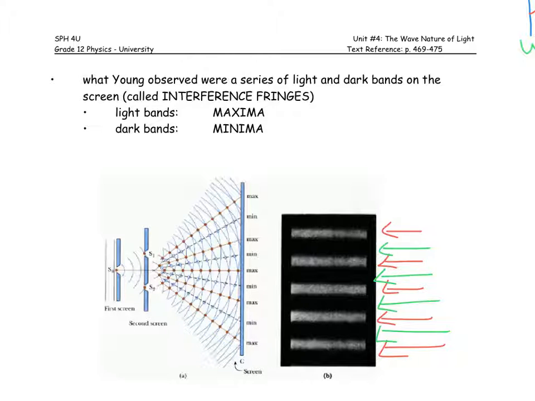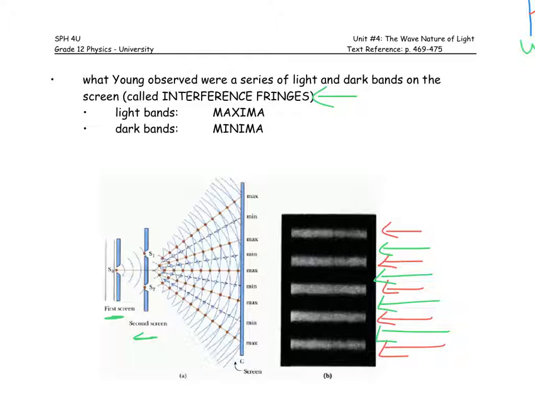So here we see the first screen and then the second screen. The first screen is our original light source, and then the second screen with those two slits allowed for the wavelengths of the light to pass through in phase. So Young called these interference fringes, okay? That's what he called these little dark and light bands.